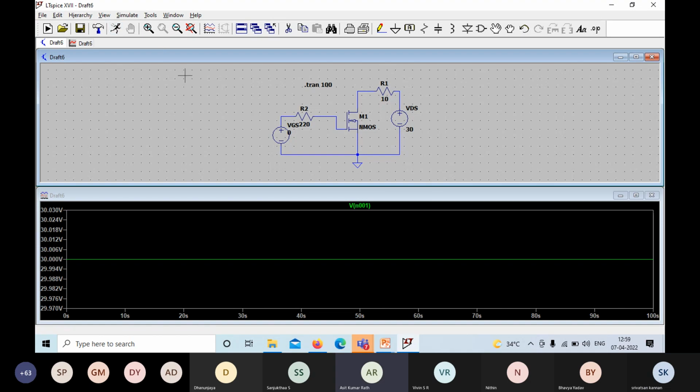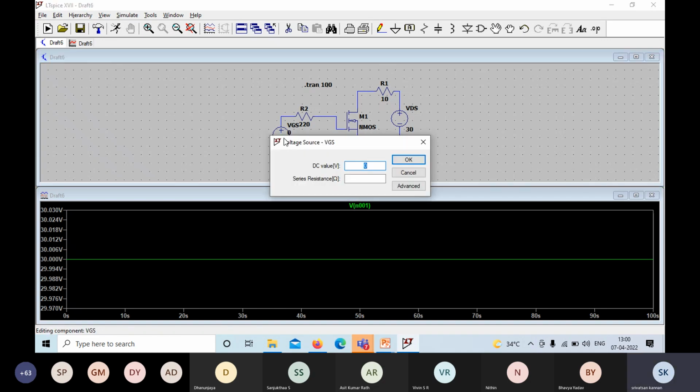So for input 0, it's coming 30 volt. That is on. Transistor is on. How will you make it off? You have to apply... How do you turn on the transistor?